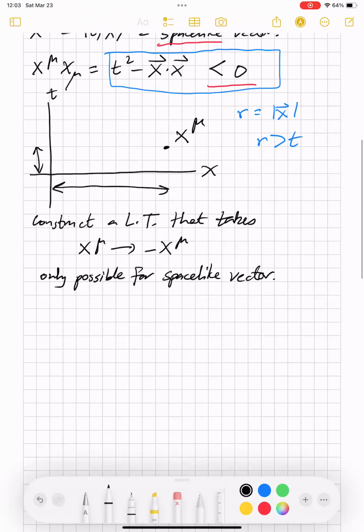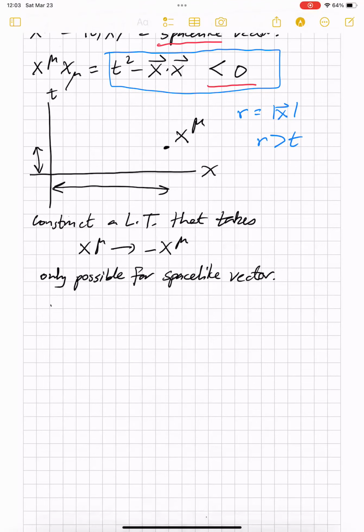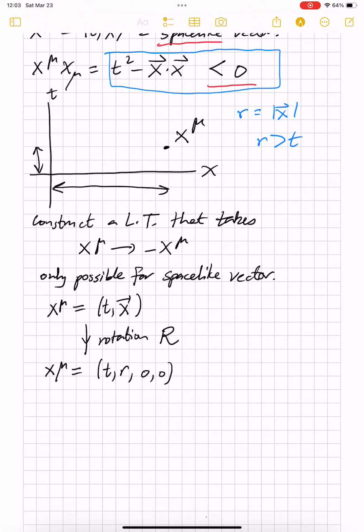So what we do is we'll start off with our initial 4-vector. So it's t and x. And then the first thing that you can do, you can perform a rotation. Let's call it R. And after the rotation, your vector lies along the positive x-axis.